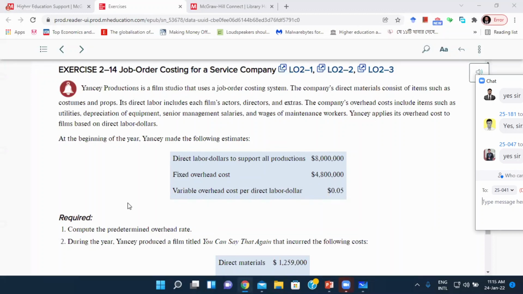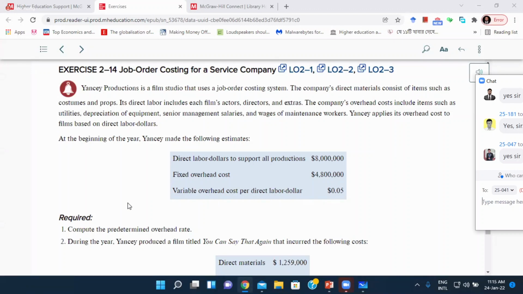So, we are talking about a film company which produces movies, and it uses some direct materials, some direct labor, some overhead costing, but the nature of its offering is service rather than product. So the problem is related to how we apply job order costing for a service company.